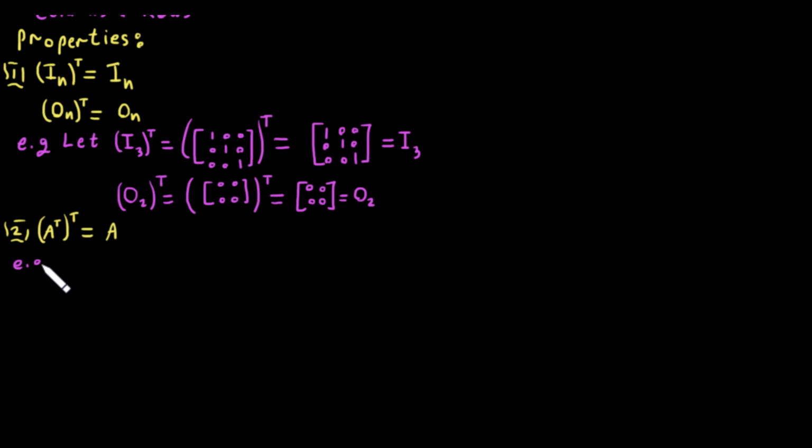For example, let A equal 0 1 2, 3 4 5. If I asked you what is the transpose of A and the whole thing transposed, you will say A, because the transpose of the transpose will become A. You don't need to write the transpose of this one and then take the transpose of the transpose.